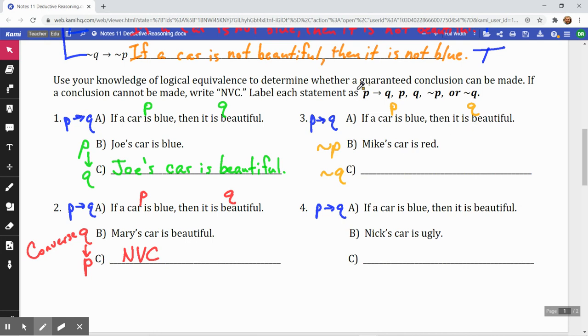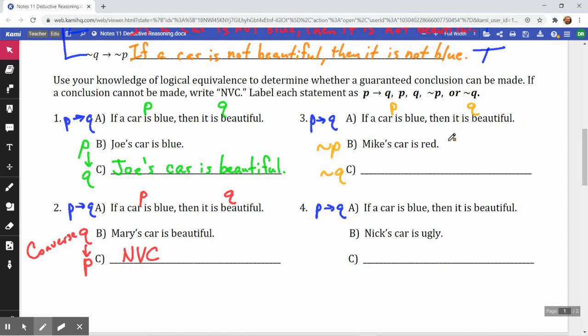Well, let's think. We know that a blue car is beautiful. Do we know anything about red cars? Were we told red cars are ugly? Were we told red is also beautiful? And in this case, no, we don't. We don't actually know anything about any other colors of cars. All we know is that a blue car is beautiful.